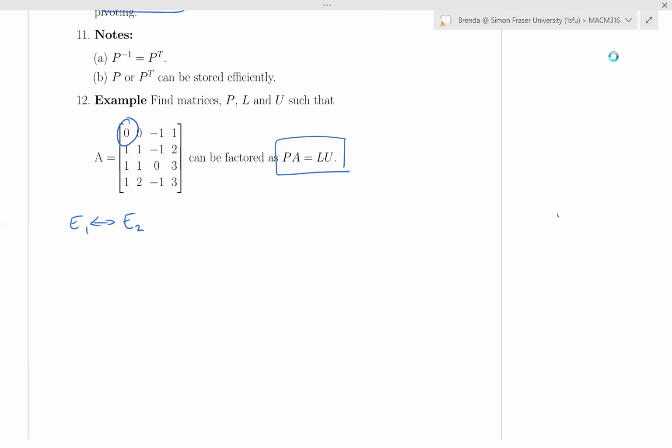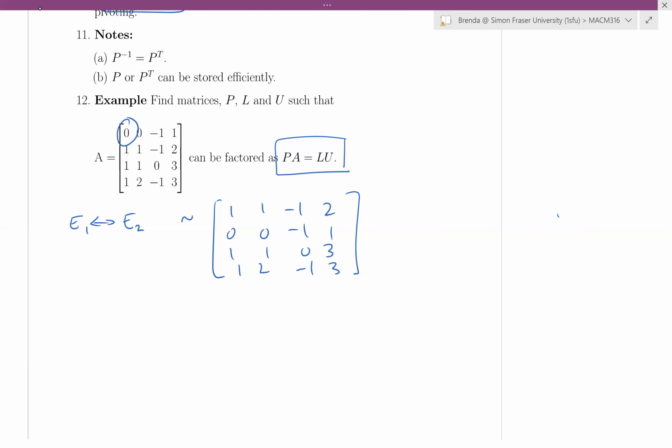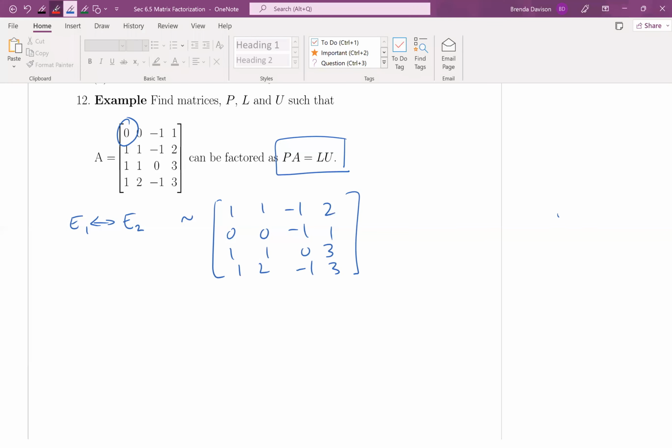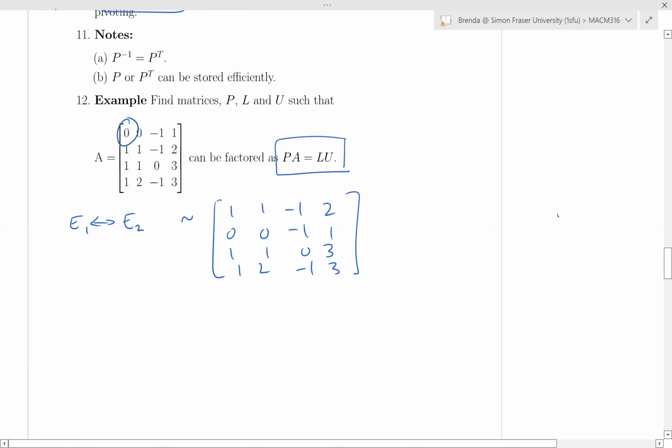That gets me the row equivalent matrix that looks like this: 1, 1, minus 1, 2; 0, 0, minus 1, 1; 1, 1, 0, 3; 1, 2, minus 1. Now I'm in a position where I can do two row operations in order to get the zeros right here. Normal Gaussian elimination.